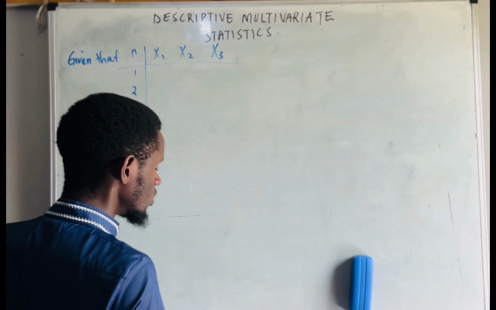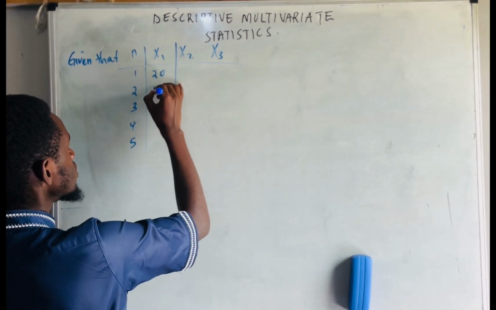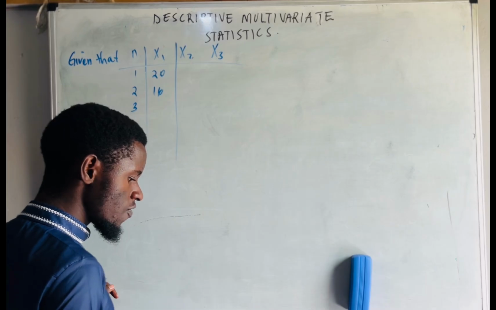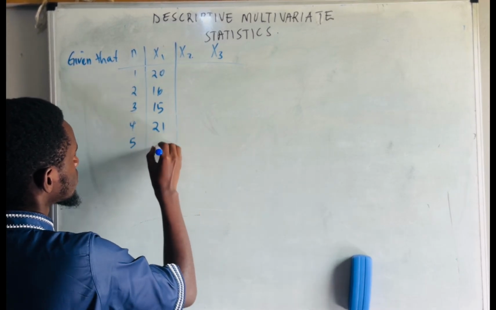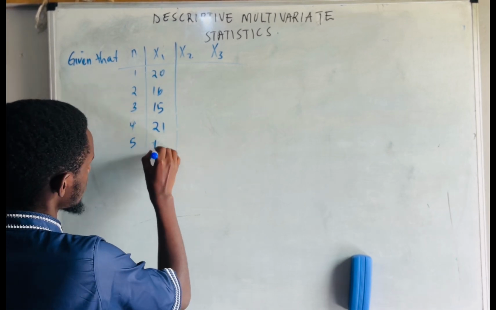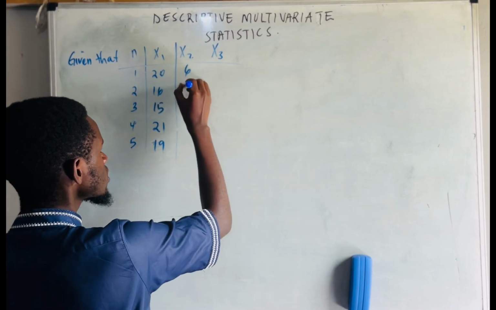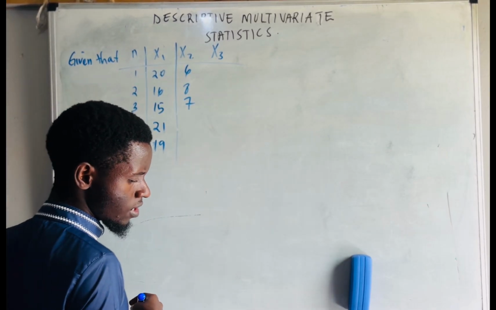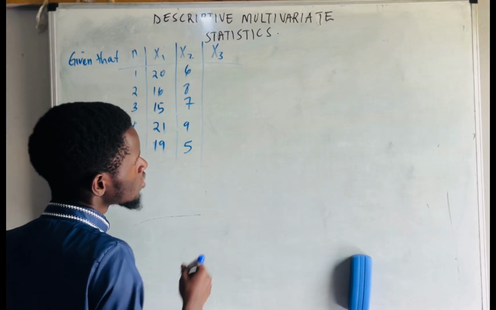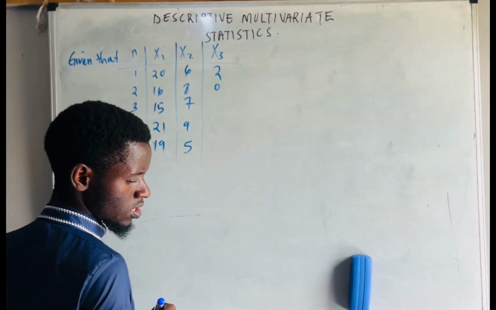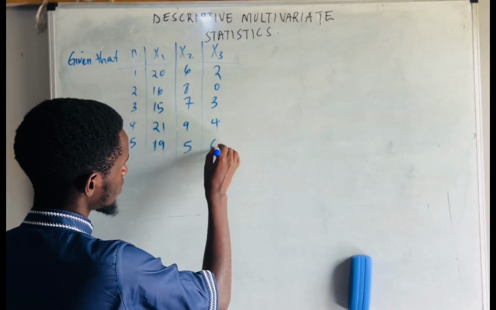Our x1 has values 20, 16, 15, 21, and 19. Then our x2 contains 6, 8, 7, 9, 5, and lastly our x3 has 2, 0, 3, 4, and 6.